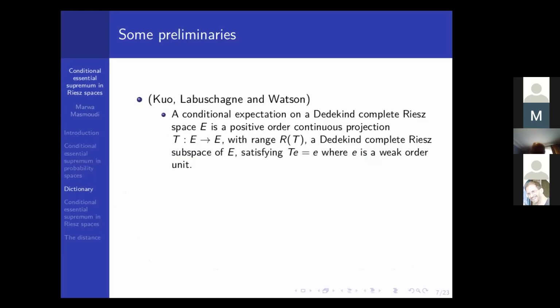So we present here some of the necessary backgrounds, definitions, and results. Kuo, Labuschagne, and Watson were the first who introduced conditional expectations on Dedekind complete Riesz spaces as positive order continuous projections with Dedekind complete range and mapping the weak order unit e to e.